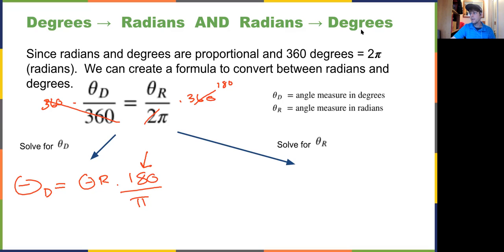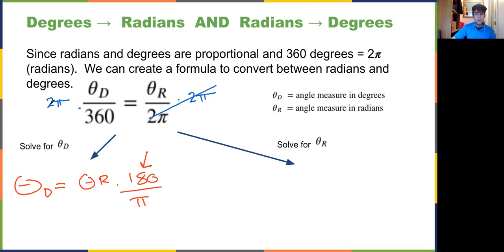Really similar to make this happen the other direction. To solve this same formula for angle measurement in radians, I'm just going to quickly do that. I need to multiply by 2 pi on both sides, so that gets rid of that.